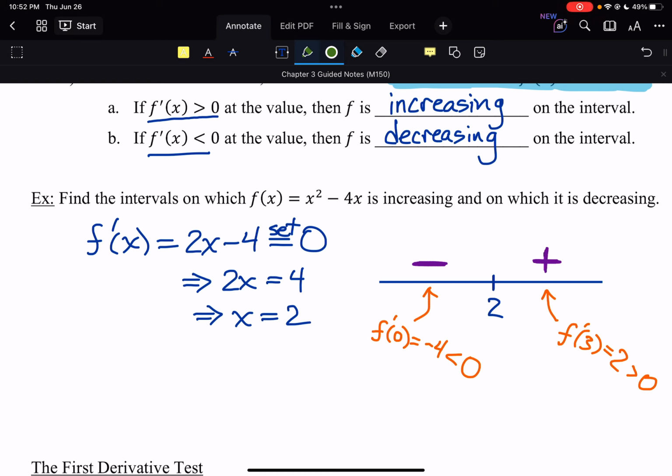And so then for myself, I like putting little guidelines here to make the graph a little clearer. So the negative means the function is decreasing. So I put a little decreasing section like that. And then the positive means that it's increasing, like that.